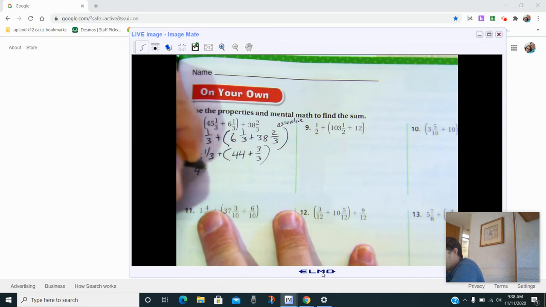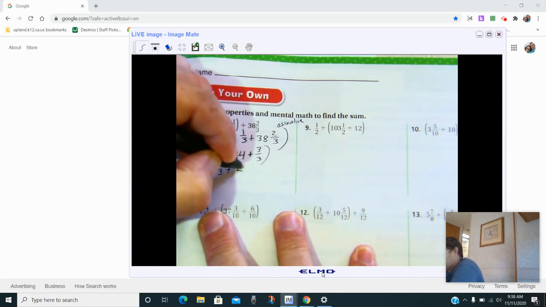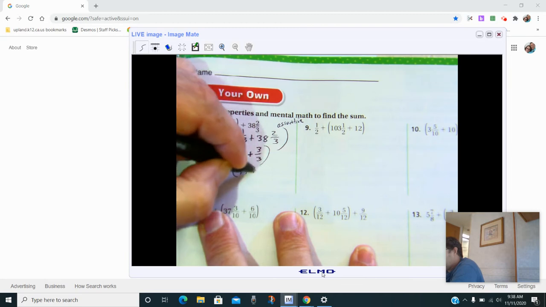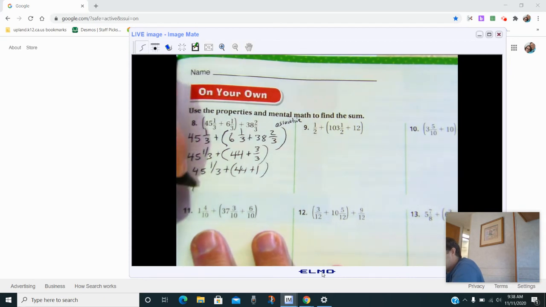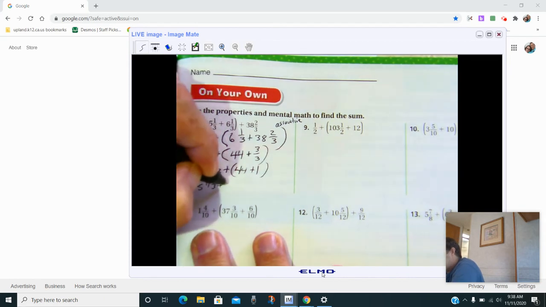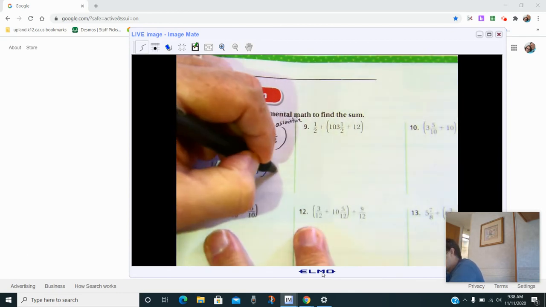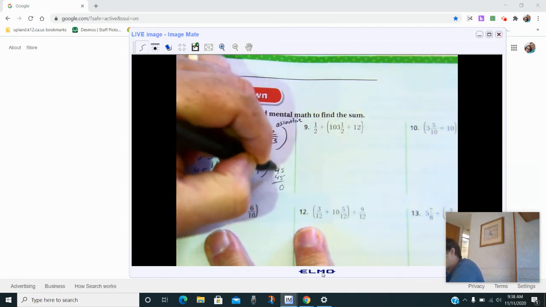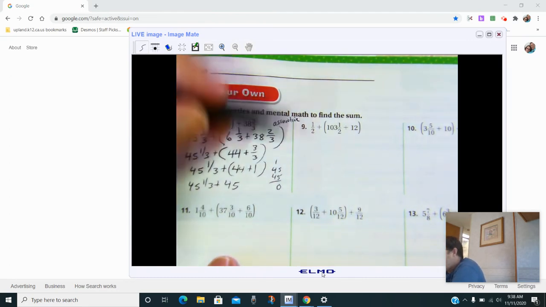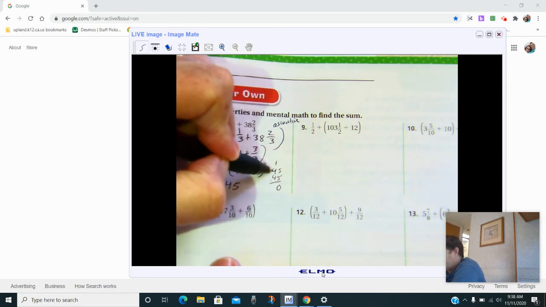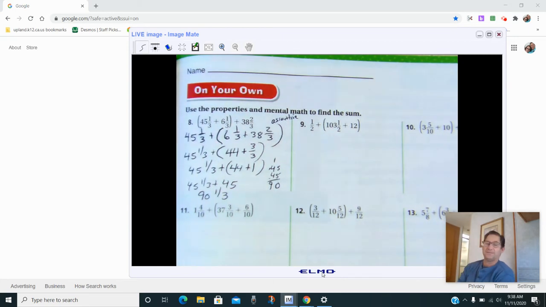So we have 45 and 1/3 plus 44 plus 1. All I did there was rename the 3/3 as 1, plus 45. Well, what's 45 plus 45? 5 and 5 is 10. Regroup as 1 ten and 0 ones. 4 and 4 is 8, plus 1 more is 9. So 90 and 1/3.